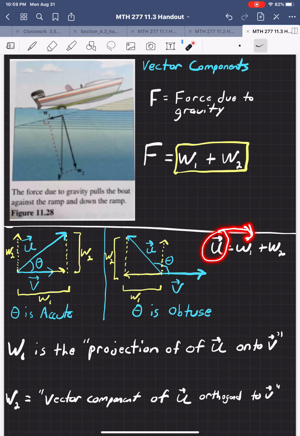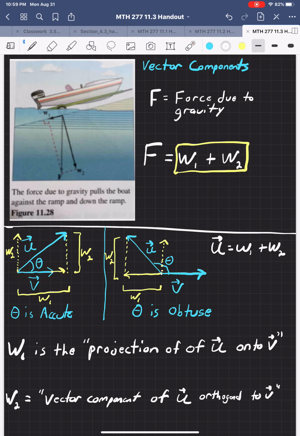Let's also go a little bit farther, and let's notice some things here. So let's notice that w sub 1, take a look here, see how w sub 1 is parallel to v, right? You can spot that. Definitely a scalar multiple of v. There's some scalar out there that I could multiply v by and get it out here, right?